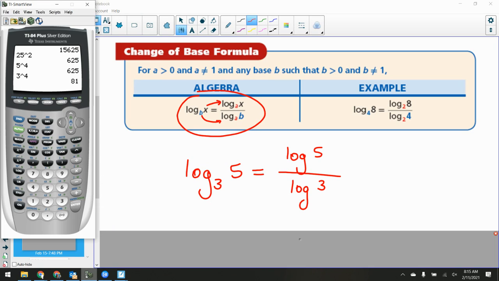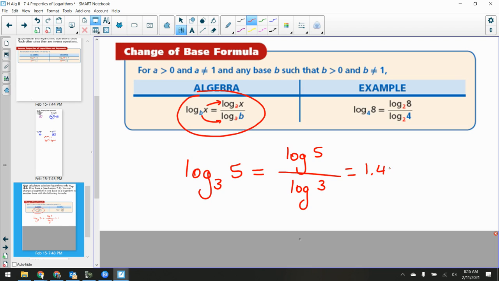Log of 5 divided by log of 3. Log base 3 of 5 is equal to 1.465. And those of you with your log base function, your spiffy new calculators, you can actually do that in your calculator. You can take log base 3 of 5.